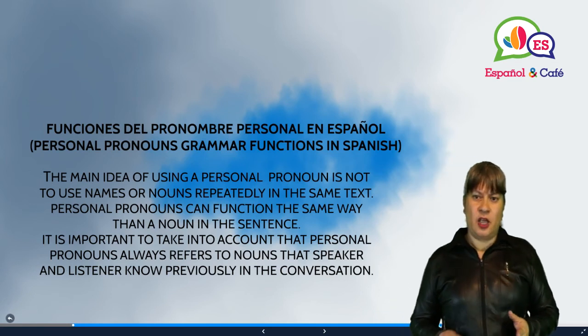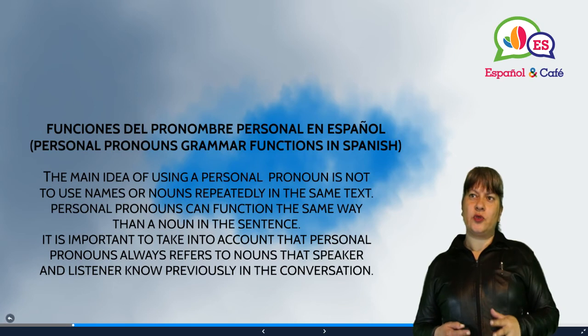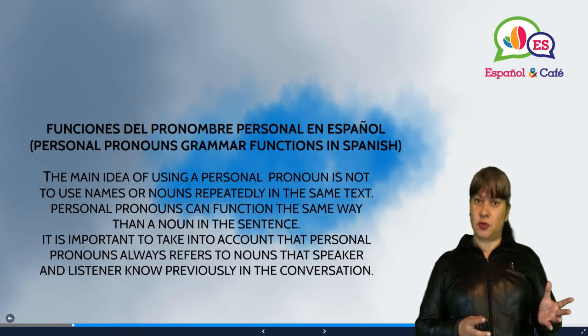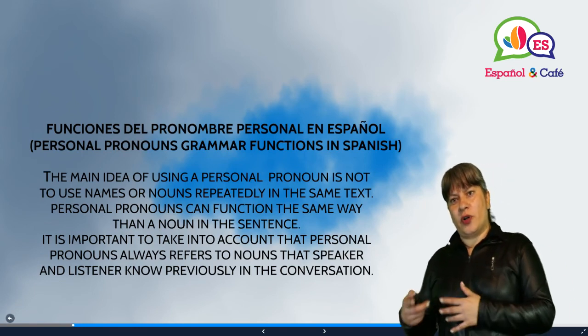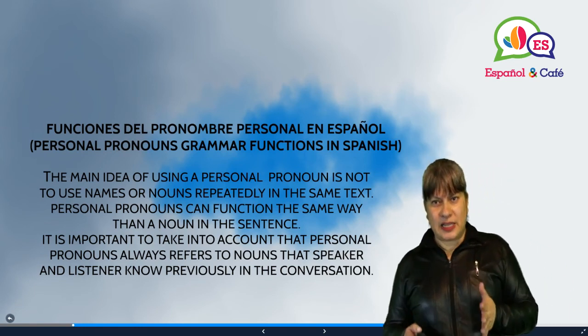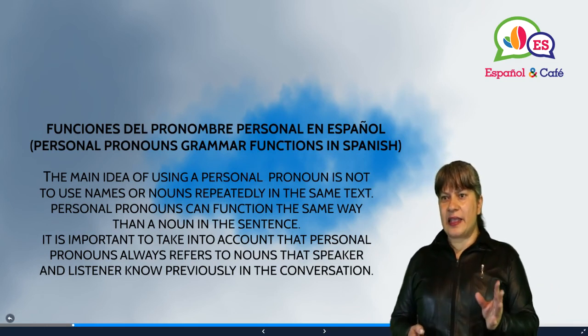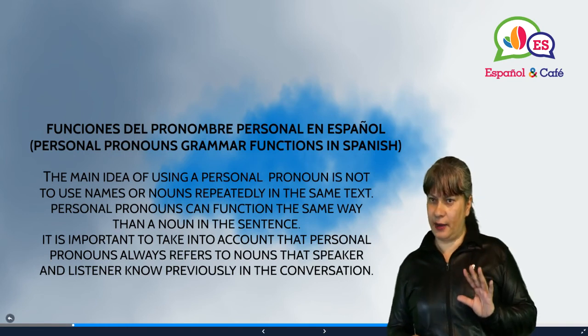For instance, if you are talking about Maria, and you are going to say many things about Maria, the first time you refer to her, you say Maria, and the other times you can use ella. María es una buena amiga, ella vive en Colombia, ella es alta y agradable.